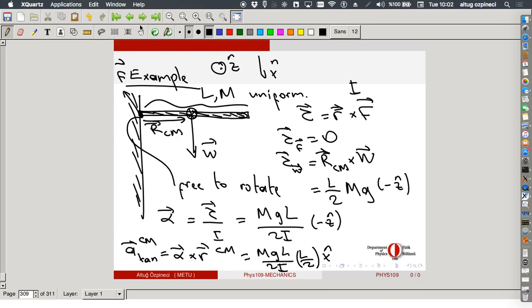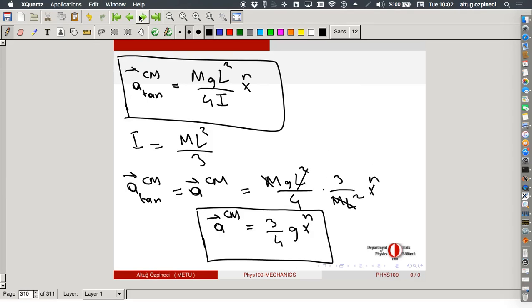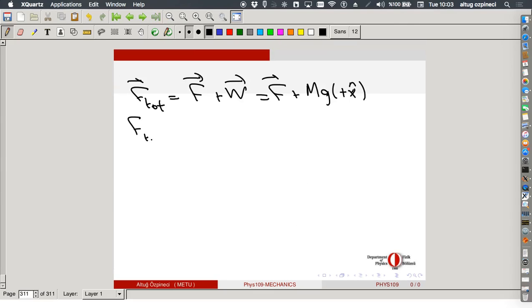This x direction is downward, in the direction of the weight. And we had already seen the acceleration of the center of mass. The total force acting on my system should also be equal to m times the acceleration of the center of mass, which is mg 3/4 in the x direction.